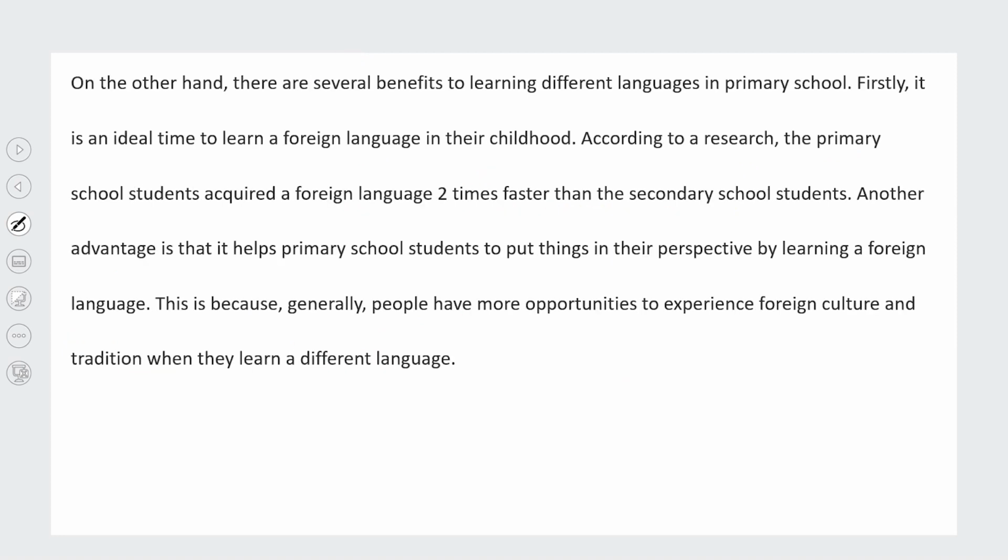Okay. Next, on the other hand, there are several benefits to learning different languages in primary school. Firstly, it is an ideal time to learn a foreign language in their childhood. Firstly, so this should be childhood. Firstly, childhood is an ideal time to learn a foreign language.